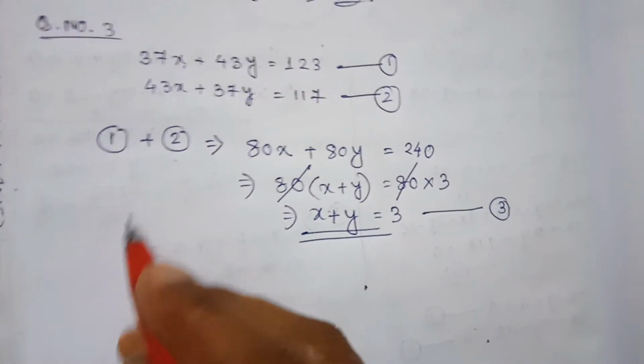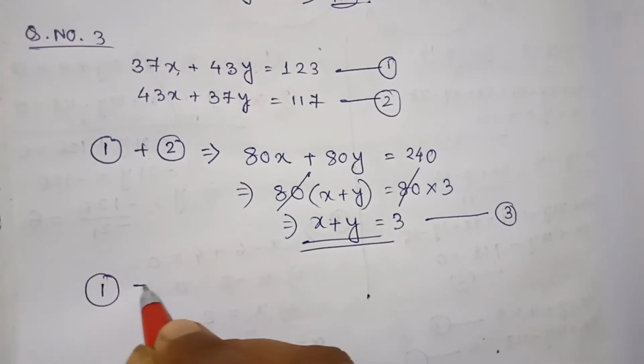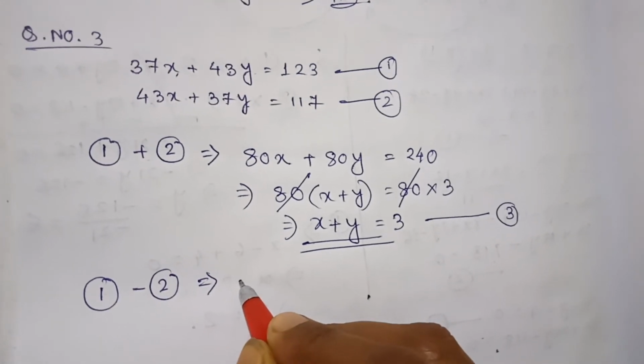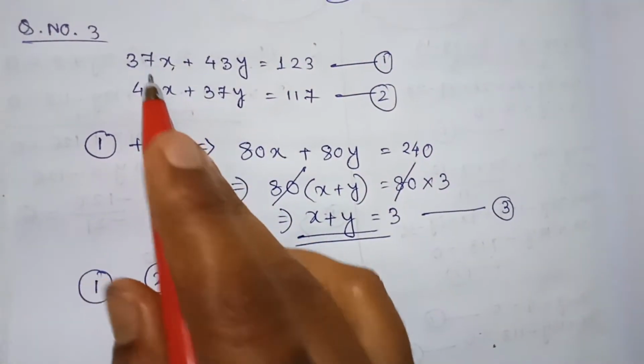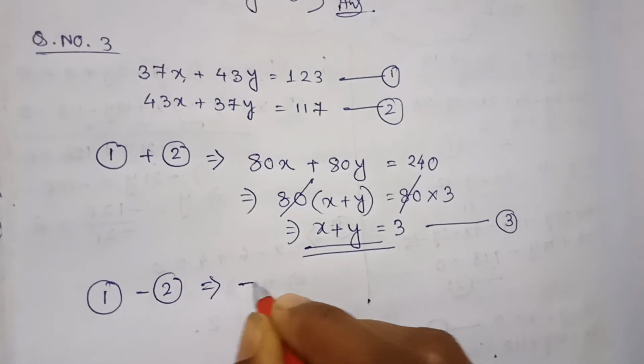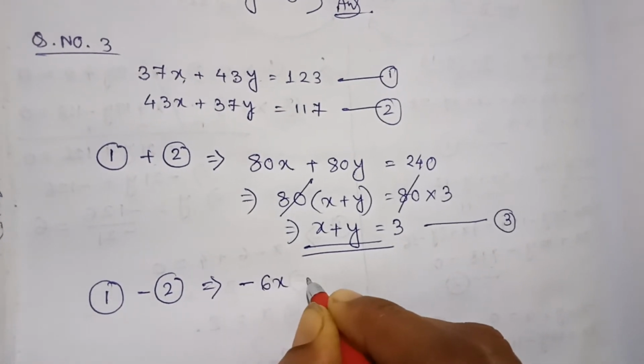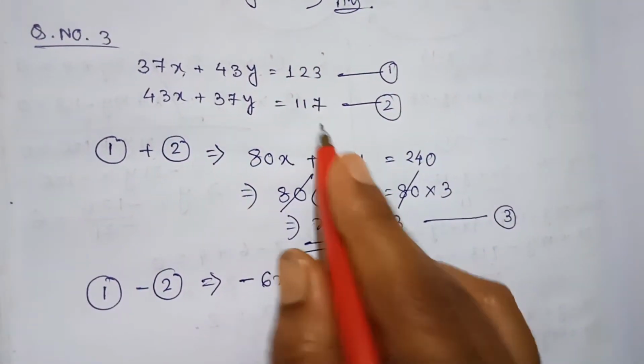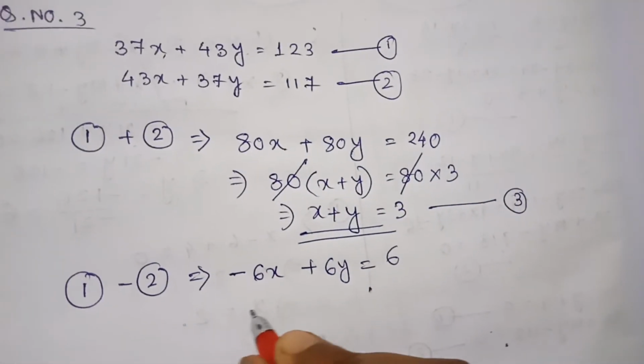Now for the next step we will subtract. That is 37 minus 43. So it's minus 6x, that means plus 6y equals, this is 6.